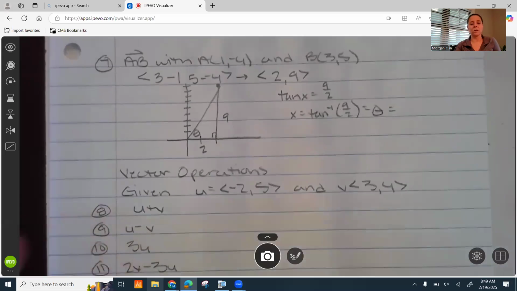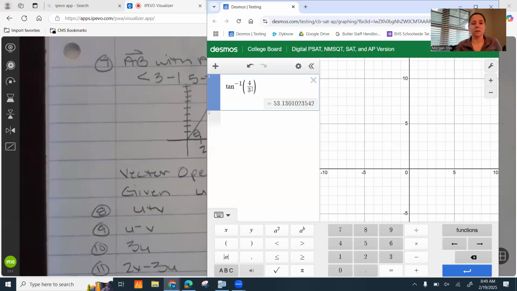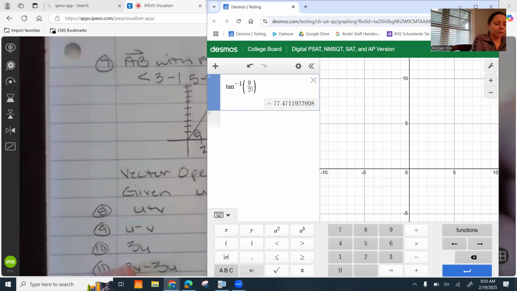So 9 divided by 2, just making sure, hold on. Yeah, 77.471 degrees.